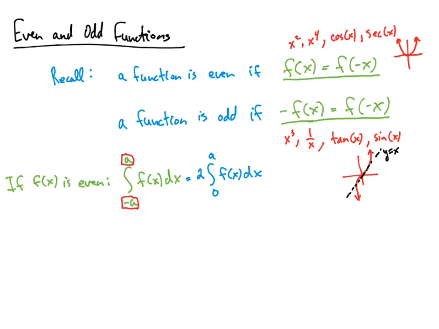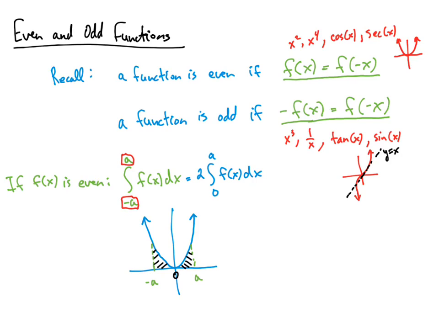Now why does this make sense? So suppose f of x, again, is x squared. Suppose that's our function, and we are integrating this between negative a and a. What we can see here is that these two areas are equal, with 0 in the middle.